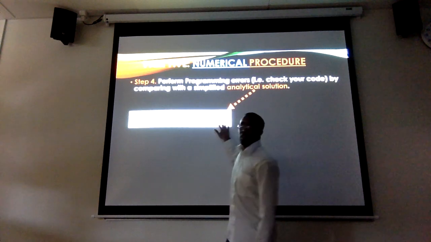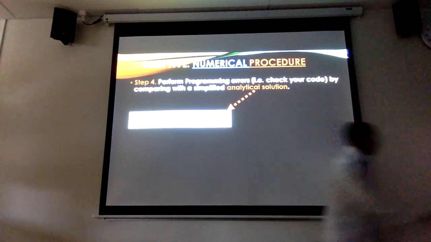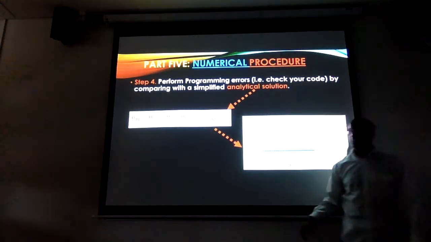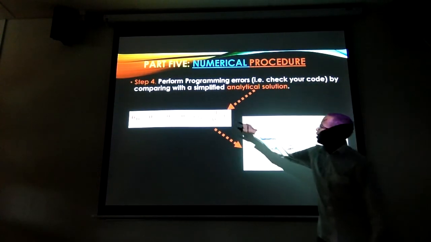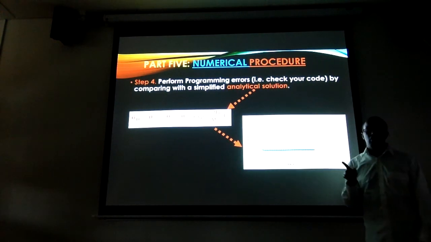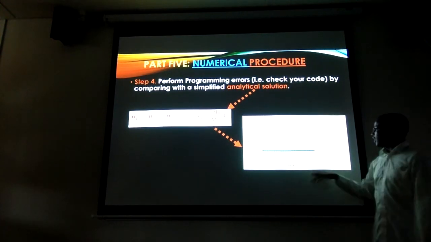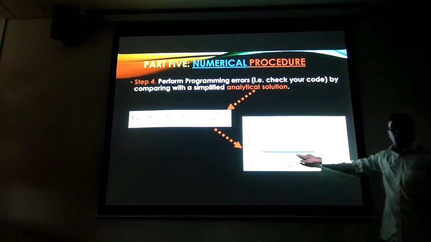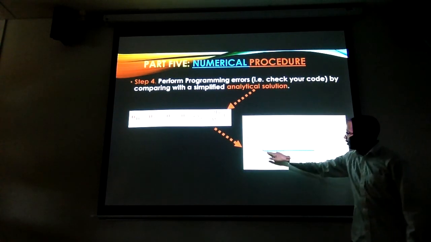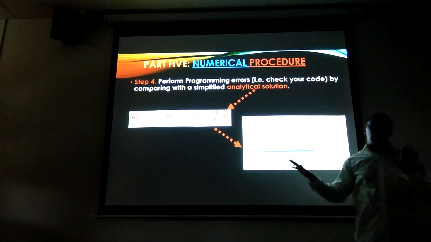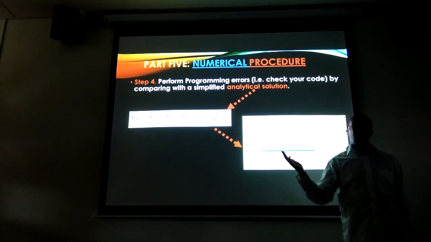And we plot this, the analytical solution, versus the numerical solution, what our MATLAB predicts. And you can see that they exactly intersect, which assures us that our code is perfectly okay.